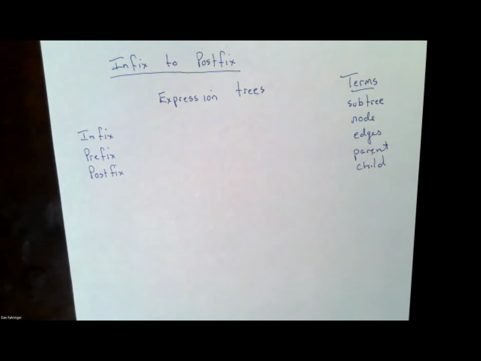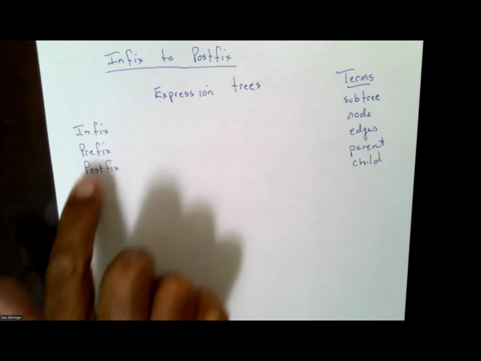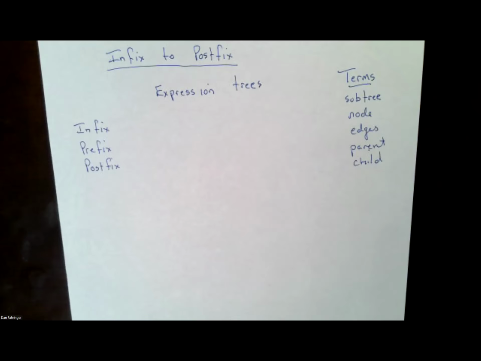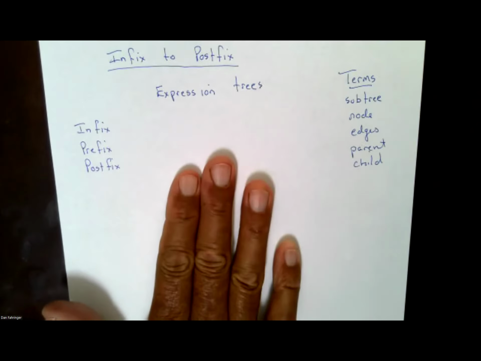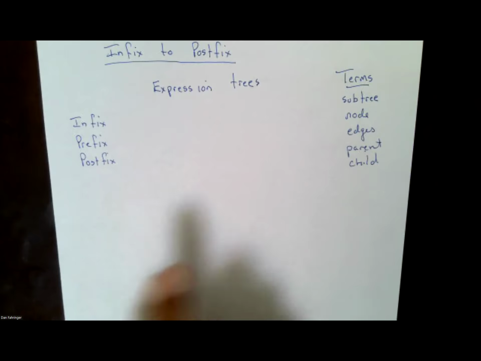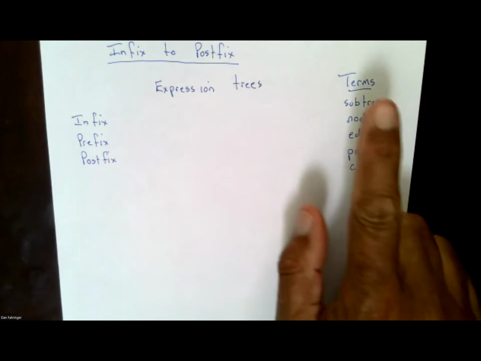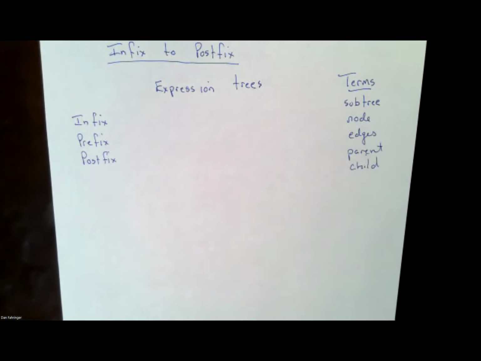If any of you had me for 230, you would have known we talked about infix, prefix, and postfix. And the notion of how this works is actually pretty cool. And this is an introductory to some of the stuff we're going to be doing later this semester. We're going to be doing a lot of work with trees. And I'll throw some terms out now as we go.